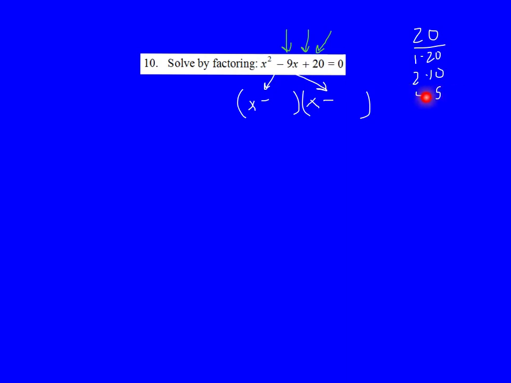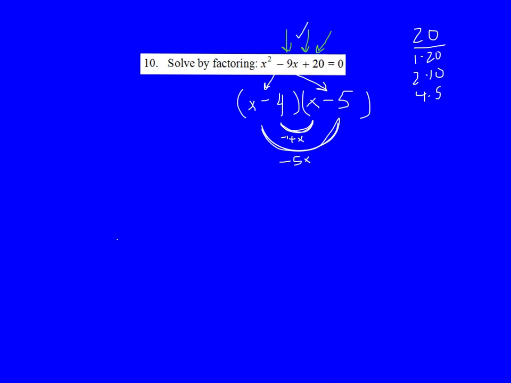Oh, perfect. 4 times 5 adds up to 9. So I have x minus 4, x minus 5. Remember, you can always check your work by double distributing or just checking your inners and your outers. So in this case, I have negative 4x and negative 5x, which is in fact negative 9x.